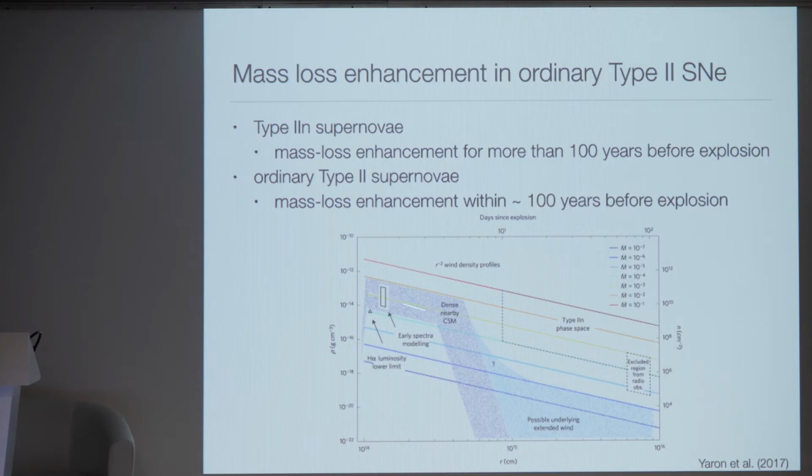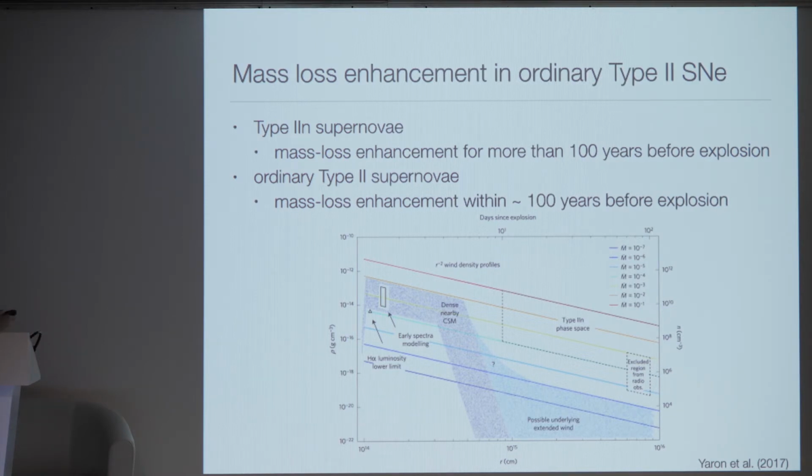But this high density shouldn't extend for long, and this should go to the normal regime of mass loss rate. And that means this mass loss enhancement should be happening around 100 years before the explosion, but not much longer.